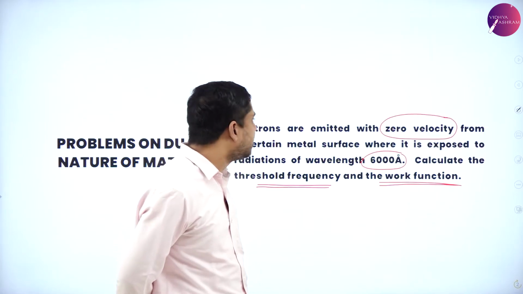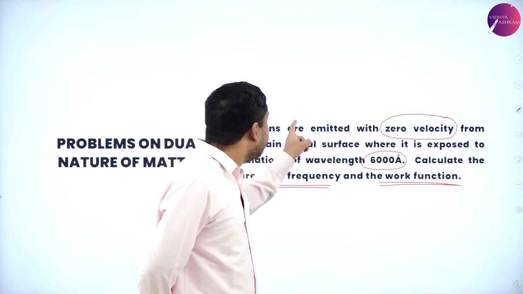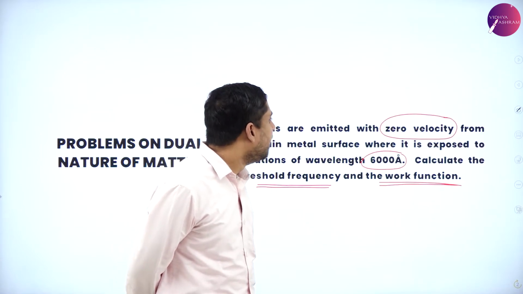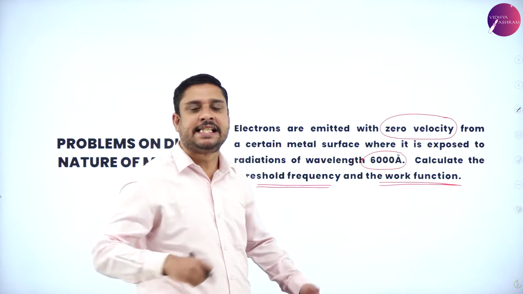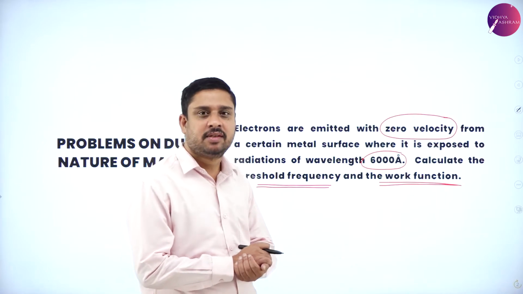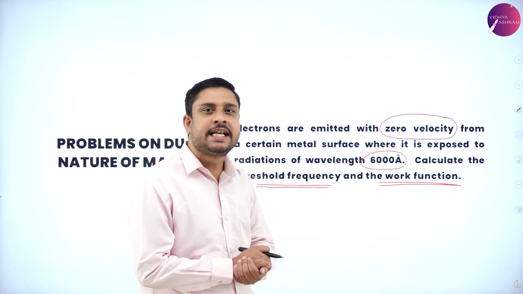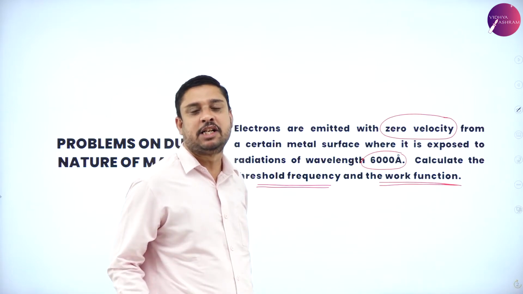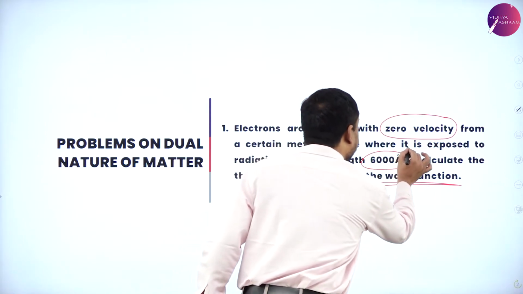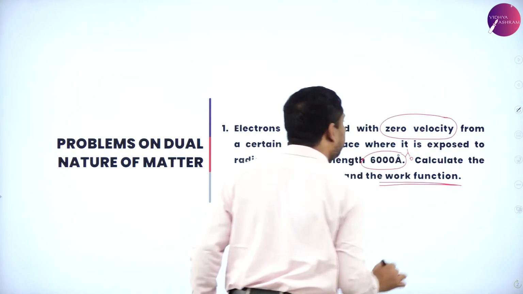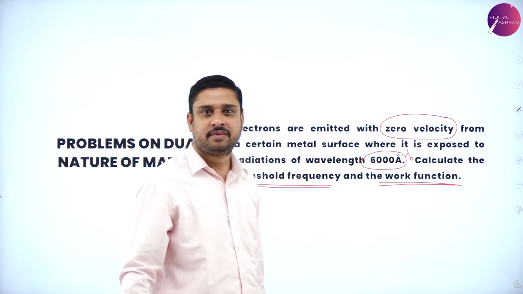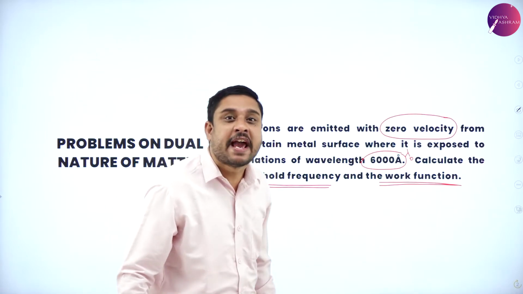The problem says electrons are emitted with zero velocity when radiations of certain wavelength is incident on it. Which means now this wavelength is nothing but lambda naught, which is the cutoff wavelength, the threshold wavelength.